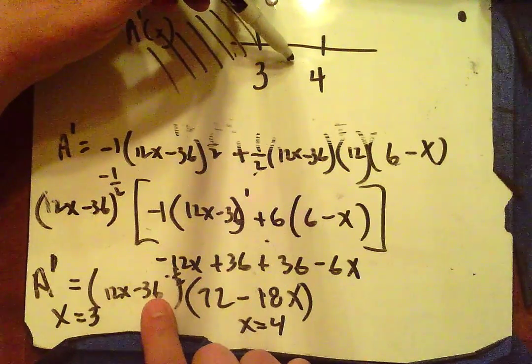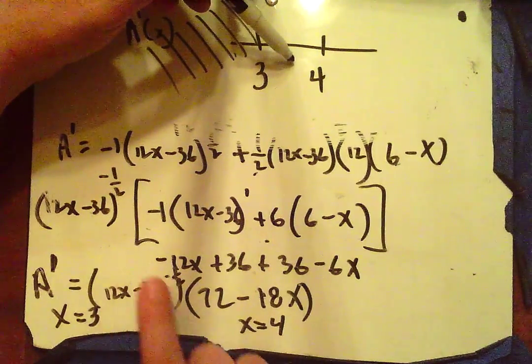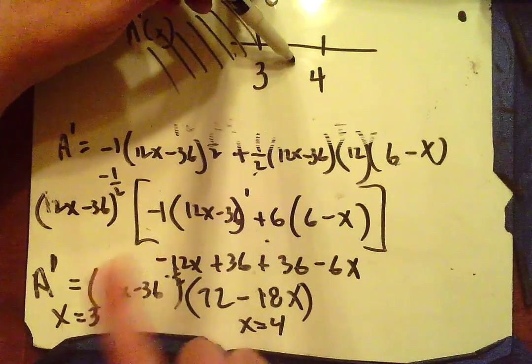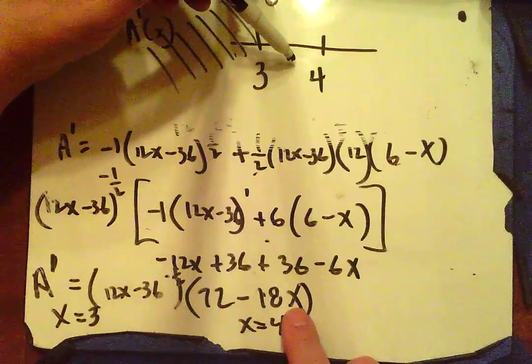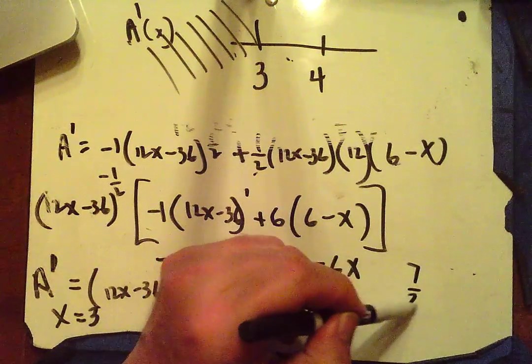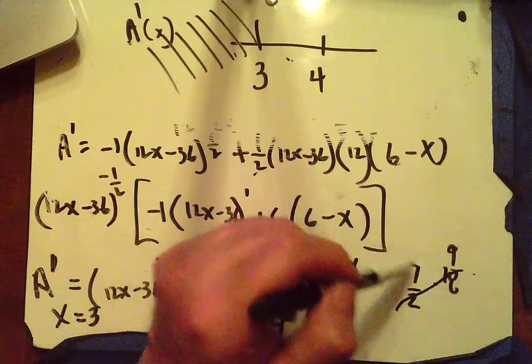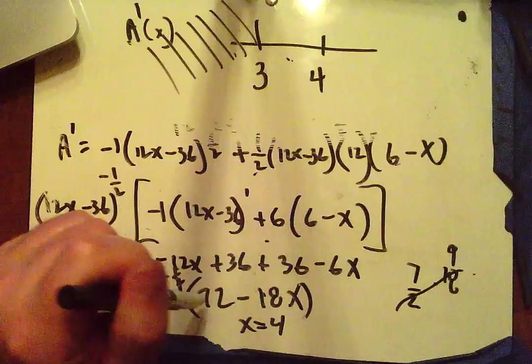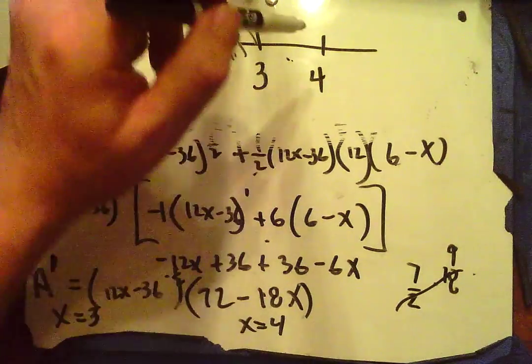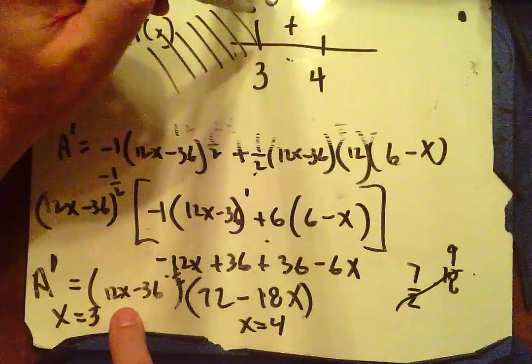I know that this is 3 times 12, and this is 3.5 times 12, so this is going to be a positive number in here. So I've got a positive on the bottom. On the top is what I'm interested in. I've got 3.5 times 18. So those are going to cancel, and I'm going to get 63. 72 minus 63, that's positive on top, positive on the bottom, and I end up with positive.